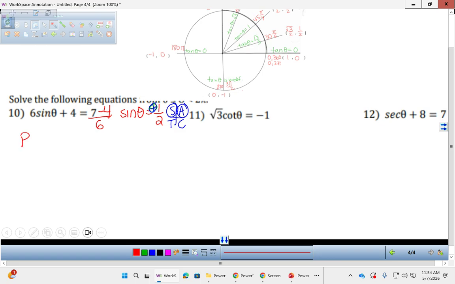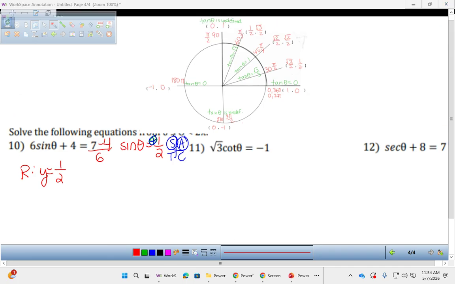I need to find my reference angle, and since I'm working with sine, I want to find where the y value is 1/2. So I'm looking at my quadrant 1, and here's y being 1/2. So my reference angle is not 30 degrees, it's radians, so it's going to be pi over 6.